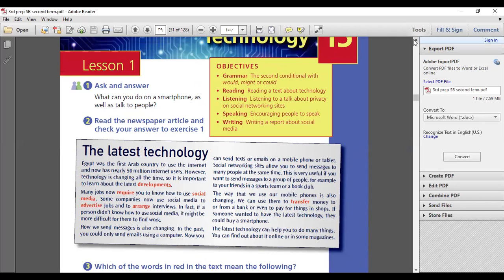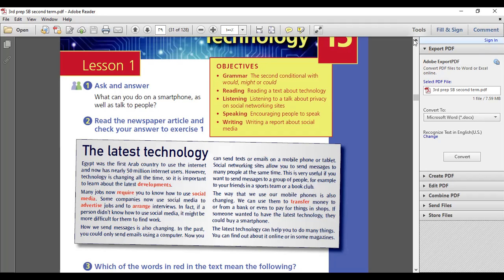Many jobs now require you to know how to use social media. Some companies now use social media to advertise jobs and to arrange interviews. In fact, if a person didn't know how to use social media, it might be more difficult for them to find work.